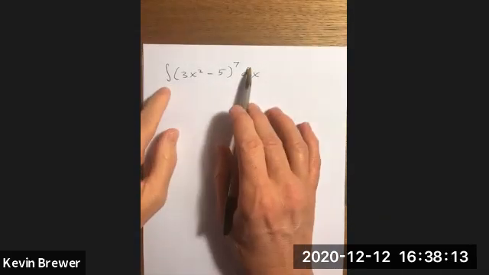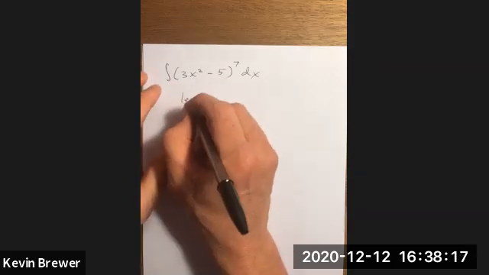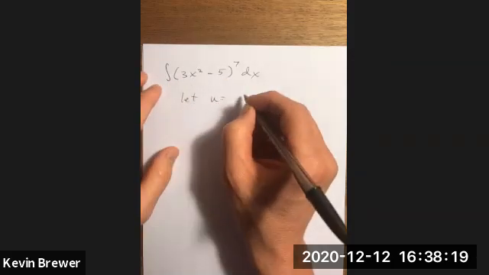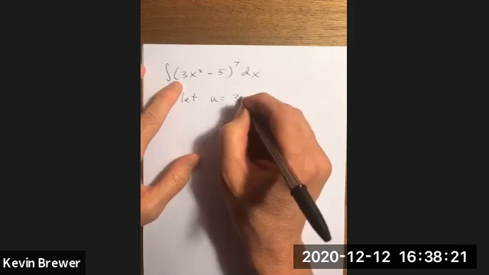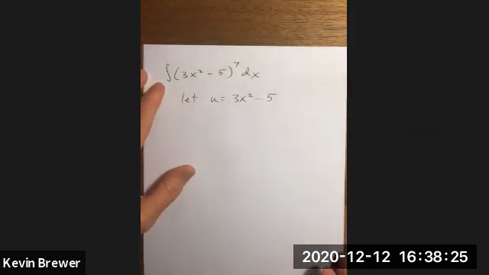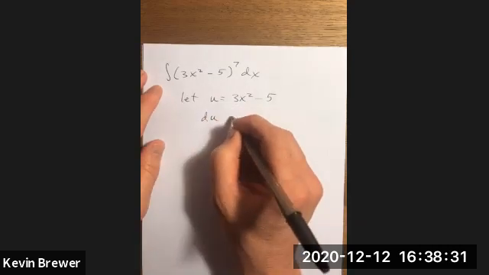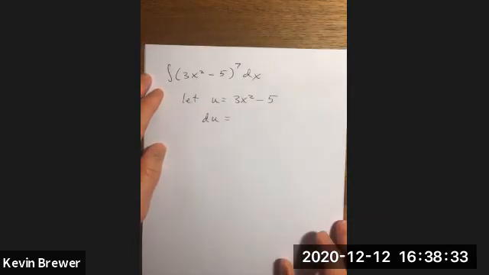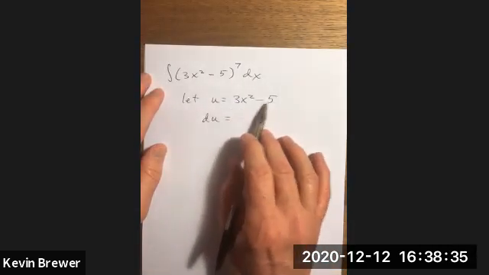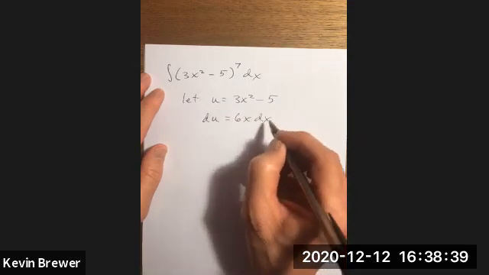We look for composition and we let u equal the inside function. If u is 3x squared minus 5, then du is 6x dx.